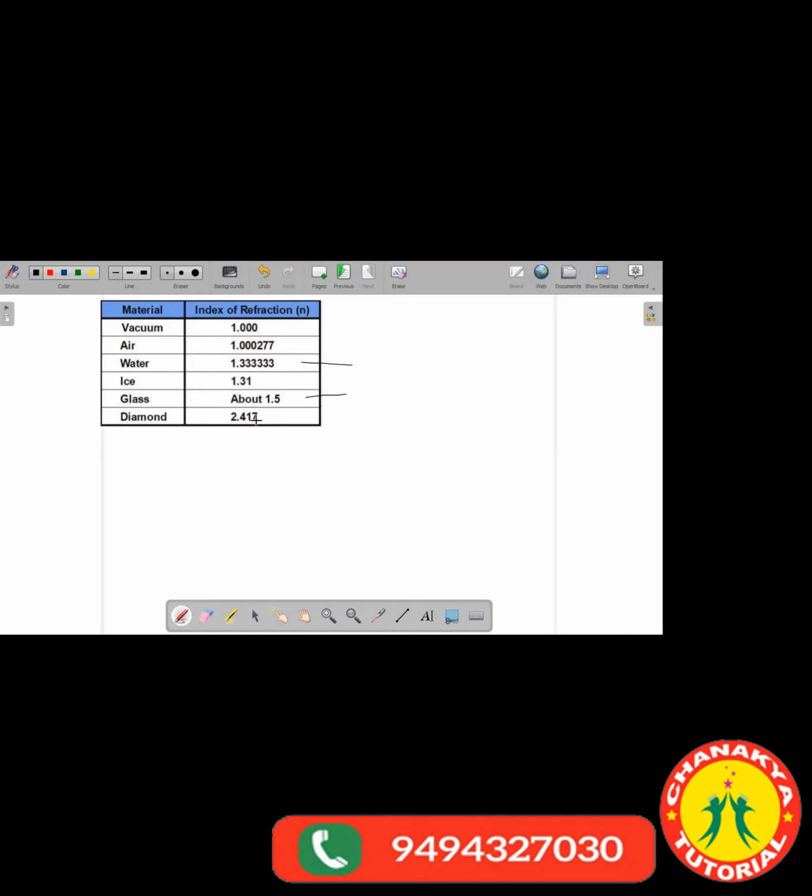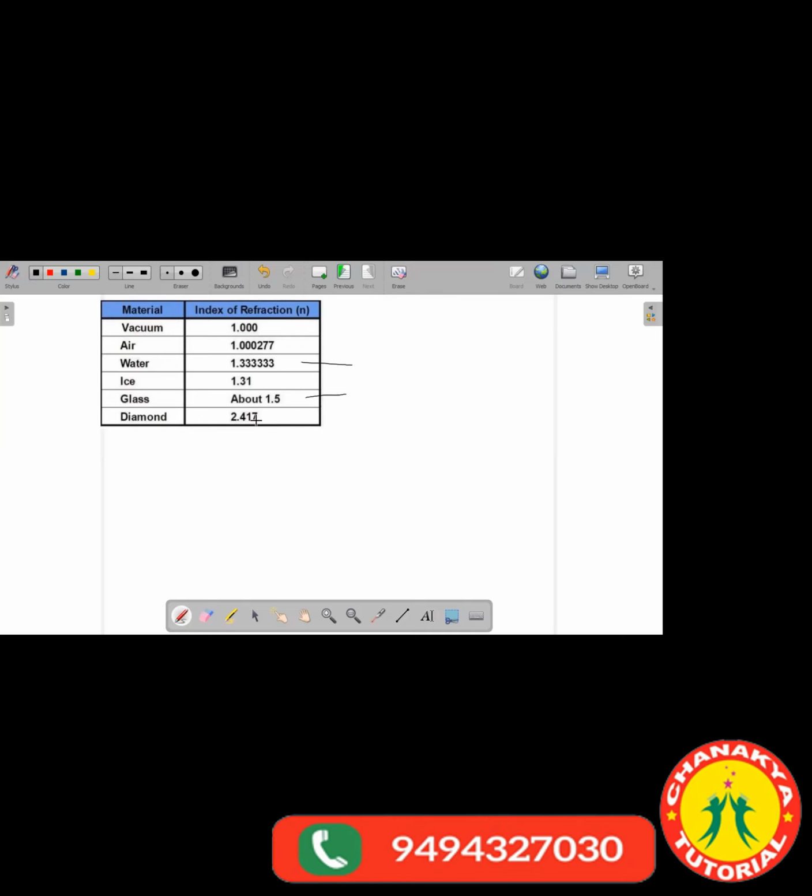In which of them will light travel the fastest? Out of water and glass, where should the speed of light be maximum? Water. So the speed of light in water will be faster than in glass.